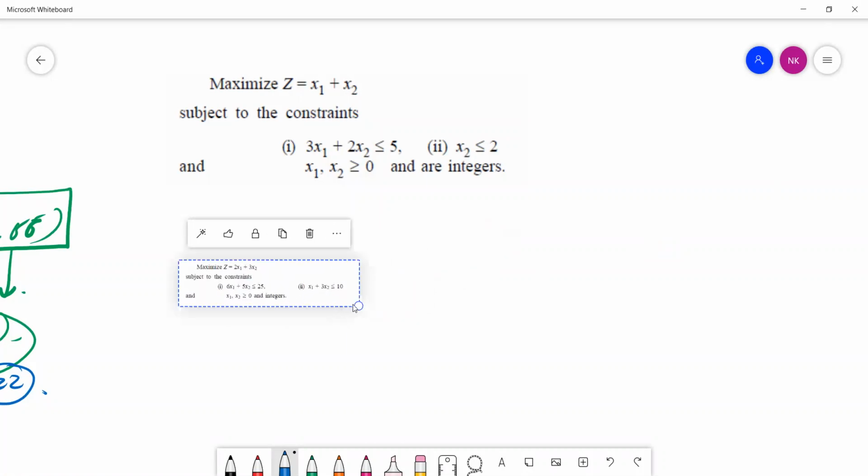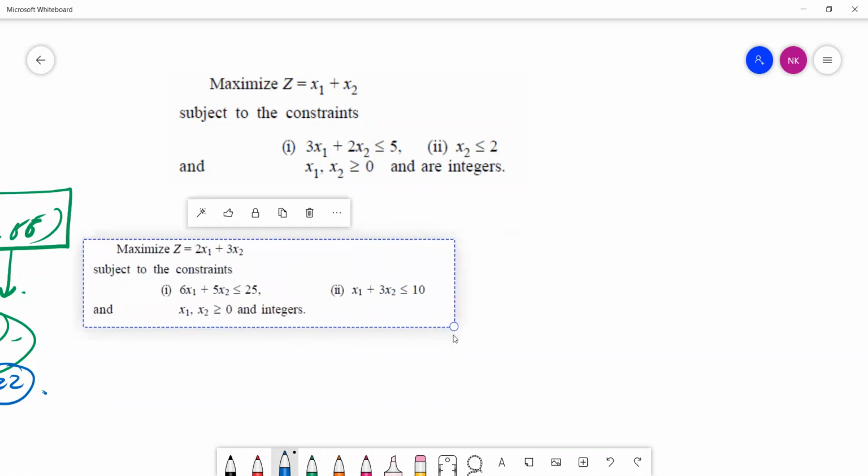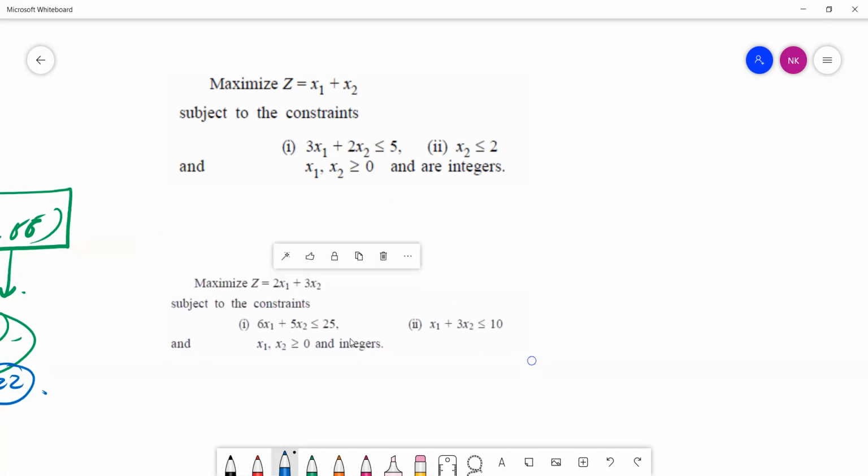After that, solve this next one. Your answer could be 0, 2 if I'm not wrong.